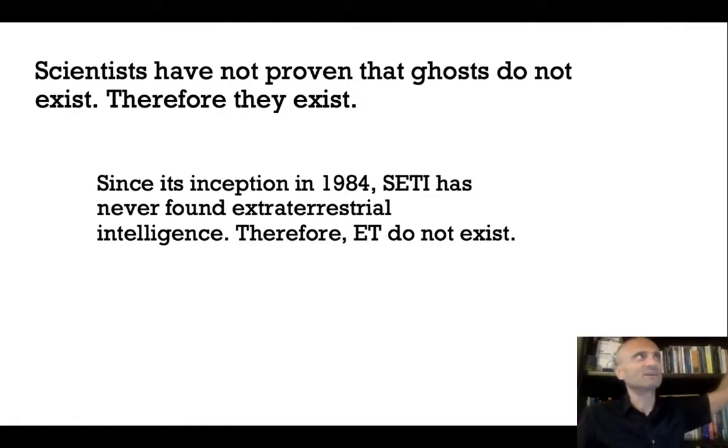They've been sending signals in space to try to find extraterrestrial intelligence. Never got any sign of it. Therefore, extraterrestrials do not exist. Okay? What's the problem with these arguments?